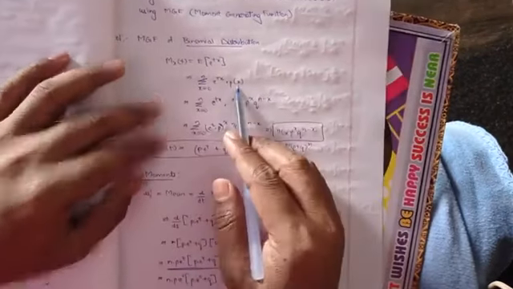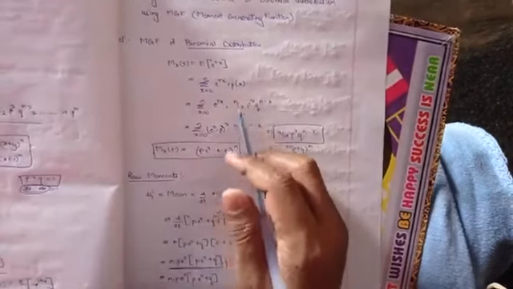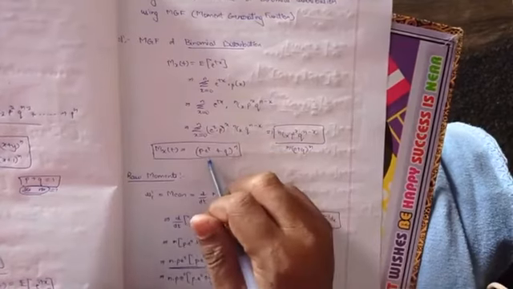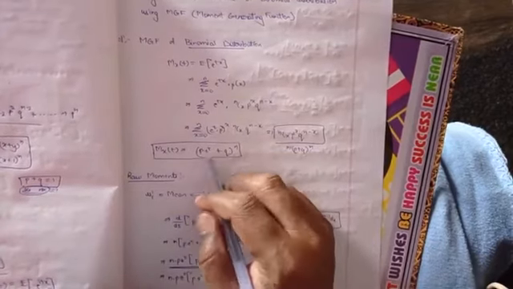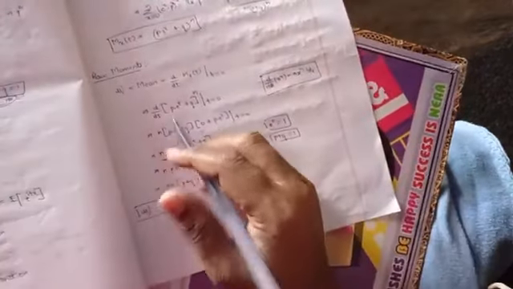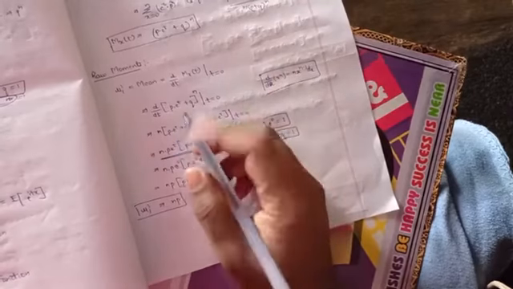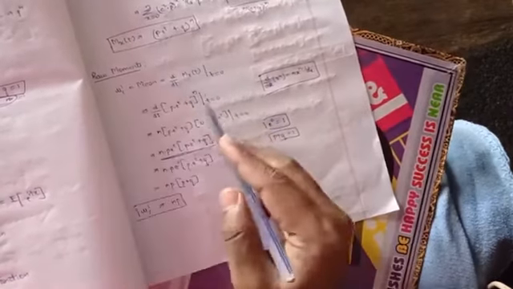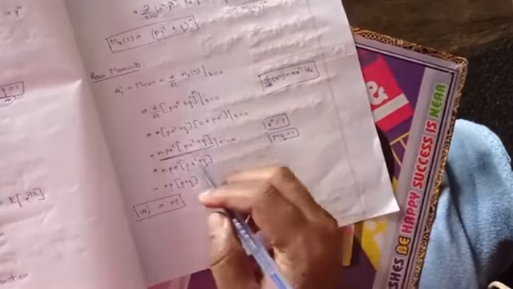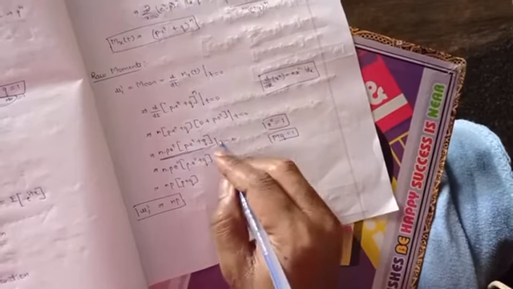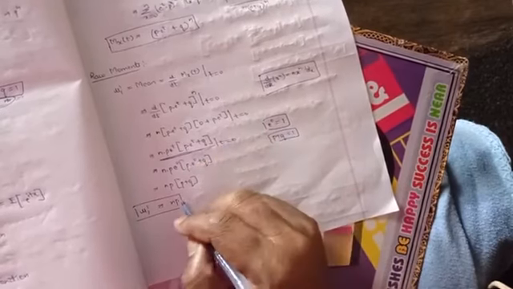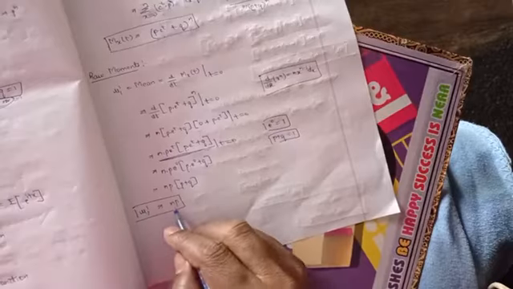Then we took our binomial distribution formula, multiplied it, and derived the function based upon the moment generating function. Then we went on to find the mean value, which is the first order derivative of the MGF. We substituted t equal to 0, and then we got mu as np.